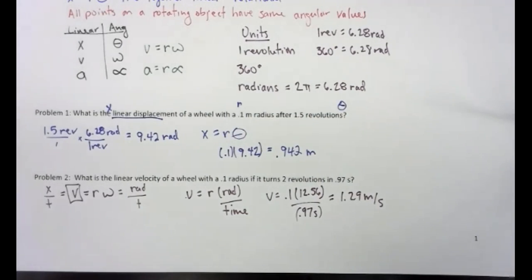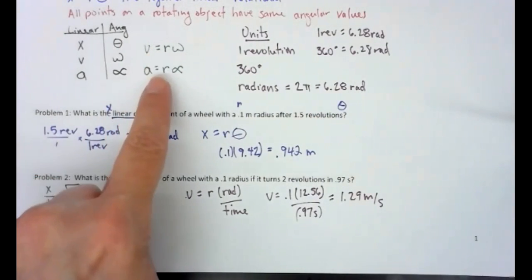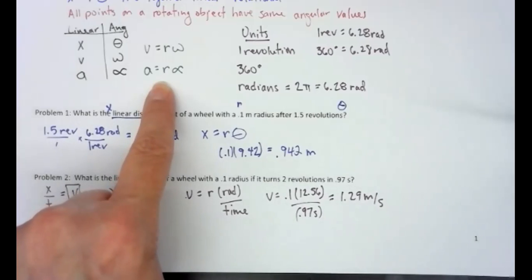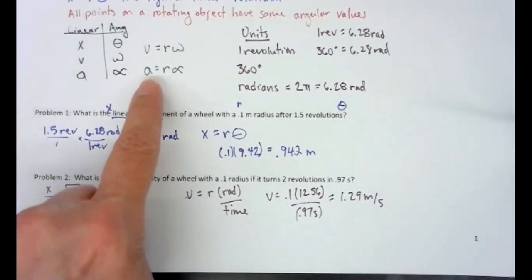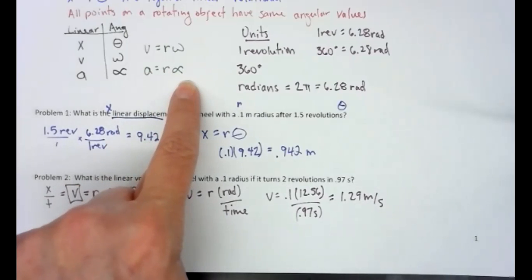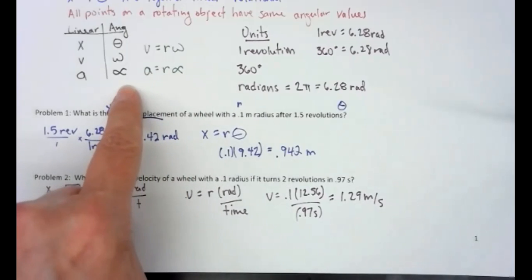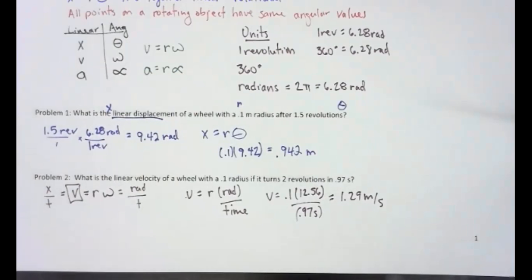And then we can put these into equations where we equate both displacement and velocity and acceleration. So we have linear on this side, we have angular on this side. We use Greek letters for angular, and then we went through these couple of sample problems to help you with your conversions. The first homework assignment is just converting angular to linear, and then the second one takes you into these equations a little bit.